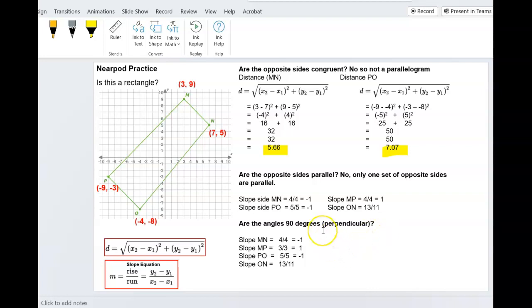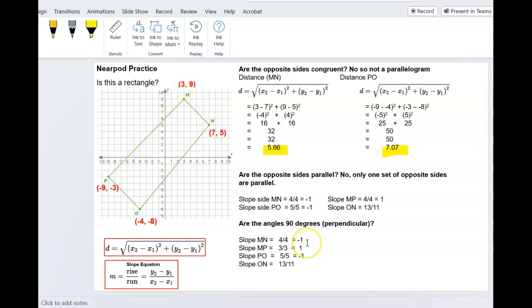If you go down and see if you have perpendicular lines, you don't have to do all three of these. If you prove one that's not working, then it's not a rectangle. But just to show the example of each piece, I went on and did the perpendicular lines. Again, MN and MP. So this side right here and here, I wanted to see if that's a 90-degree angle.